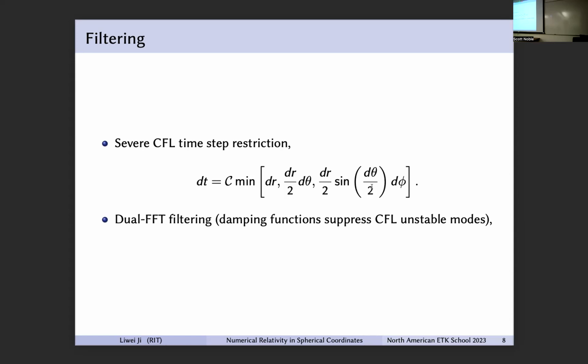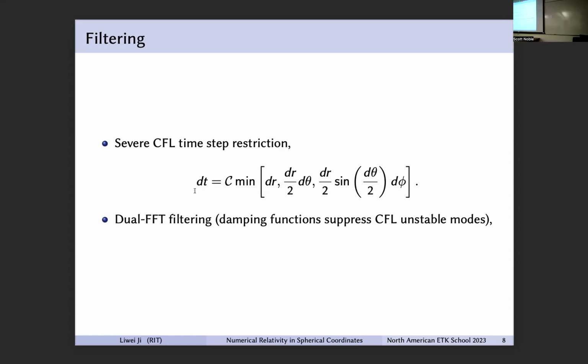As you can see, if you go close to the origin and the poles, then the dt can be very small. So there are a bunch of methods we can use to cure this problem.